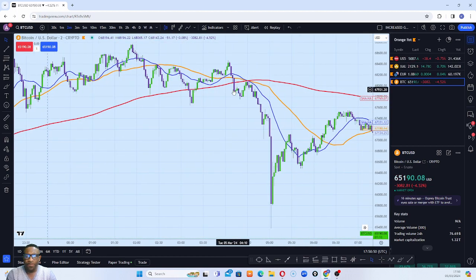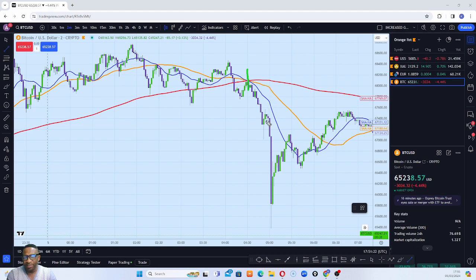So here price got below the 200 moving average, got below the 20 moving average, and below the 50 moving average as well. So the crossover happened right at this point, where the 20 moving average crossed below the 50 moving average.